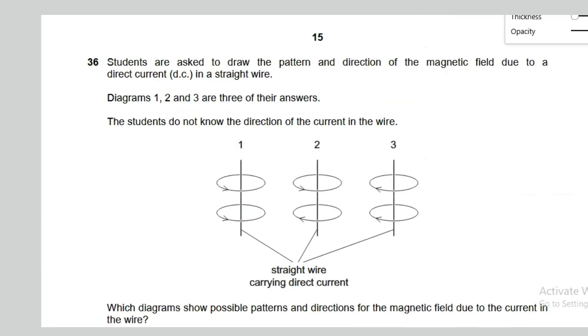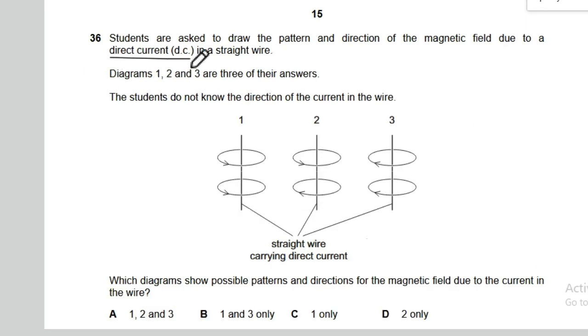Question 36. Students are asked to draw the pattern and direction of the magnetic field due to a DC in a straight wire. Diagrams 1, 2 and 3 are 3 of their answers. The students do not know the direction of the current in the wire. Which diagrams show possible patterns and directions for the magnetic field due to the current in the wire?